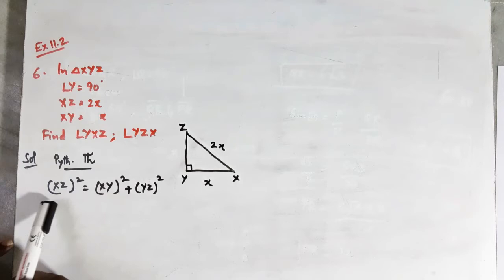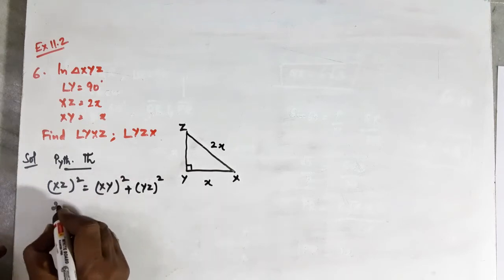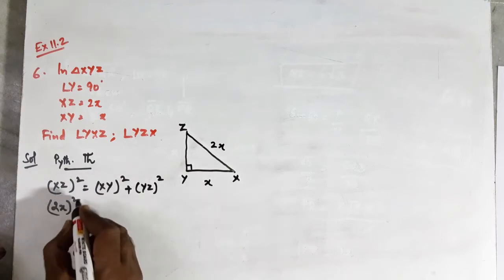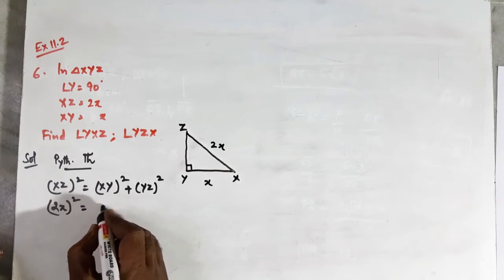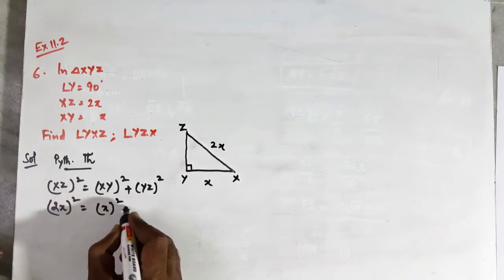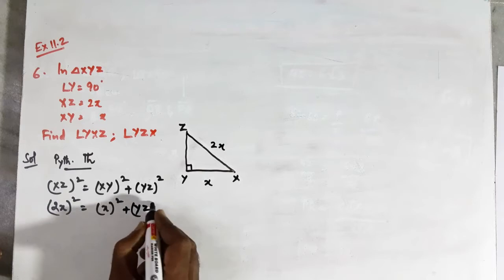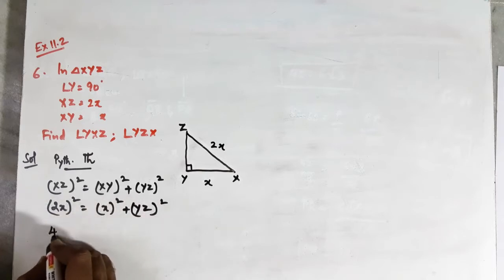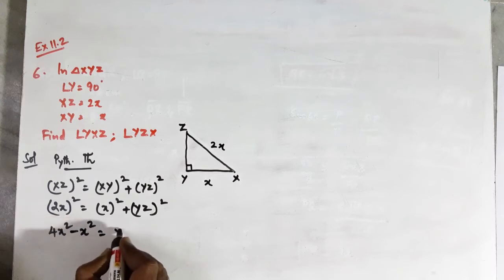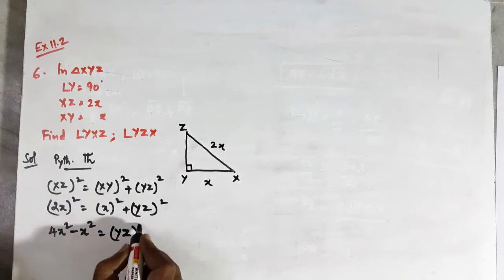Substitute the values: XZ is 2x whole square, XY is x square, and YZ whole square. Now 4x square, bring x square to this side, minus x square, is equal to YZ whole square.